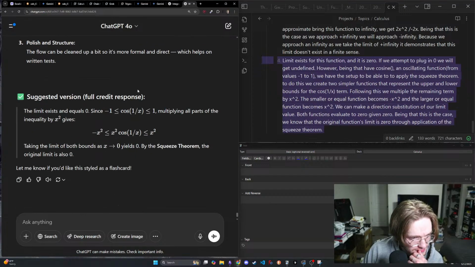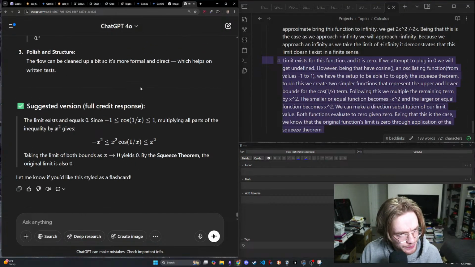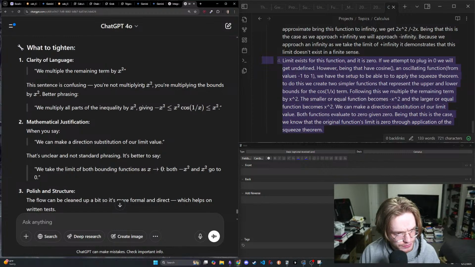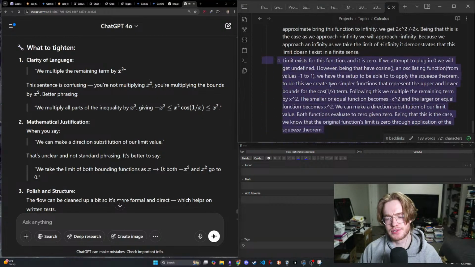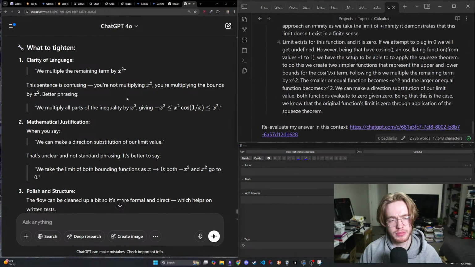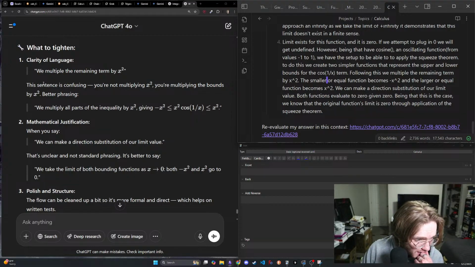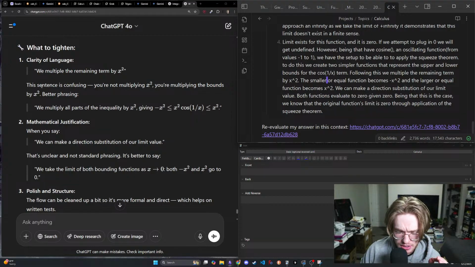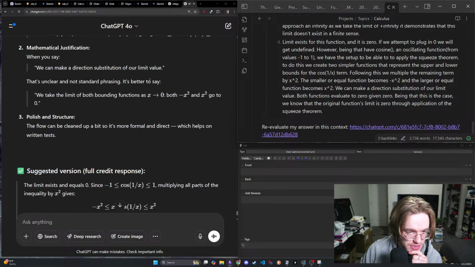We multiply all parts of the inequality by x squared. Okay, so I'm feeling better here, but I would like to tune this, because as I've been learning more about math, it's clear that preciseness is incredibly important. And so I want to be sure that I'm being precise.